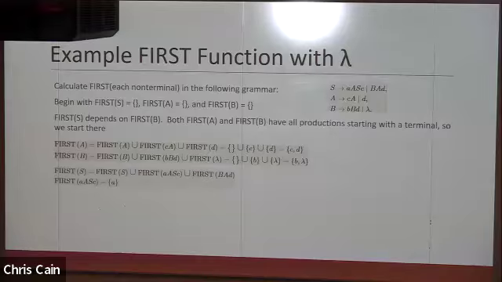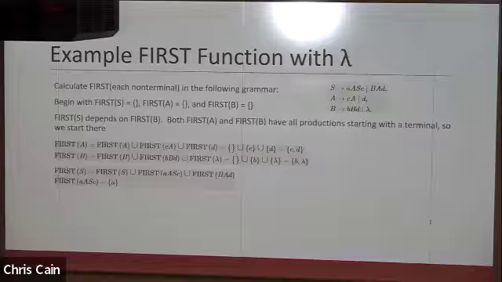So first of S is going to be defined at the beginning as just the first of every possible right-hand side. So this gives us A, and it gives us the first of capital B, capital A, D. And this is why we need to store more than just that first character.